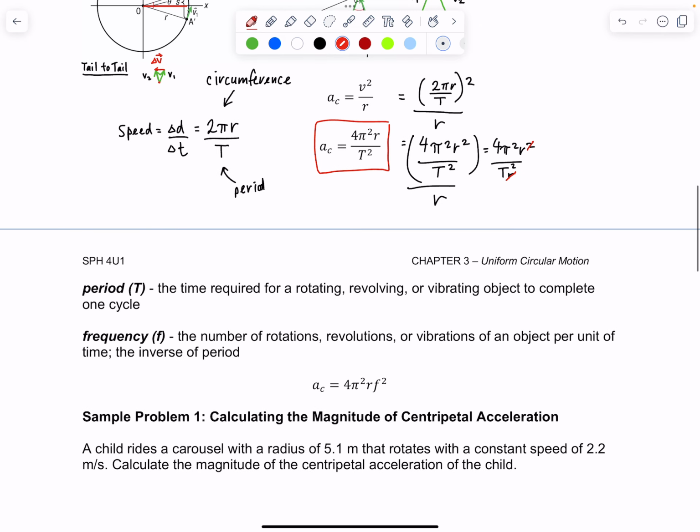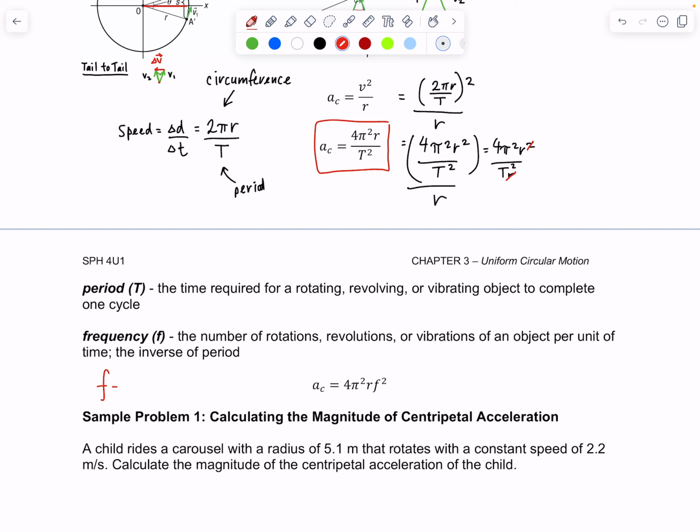So remember, period is the time required for a rotating, revolving, or vibrating object to complete one cycle. And frequency is the number of rotations, revolutions, or vibrations of an object per unit of time. It's the inverse of period.